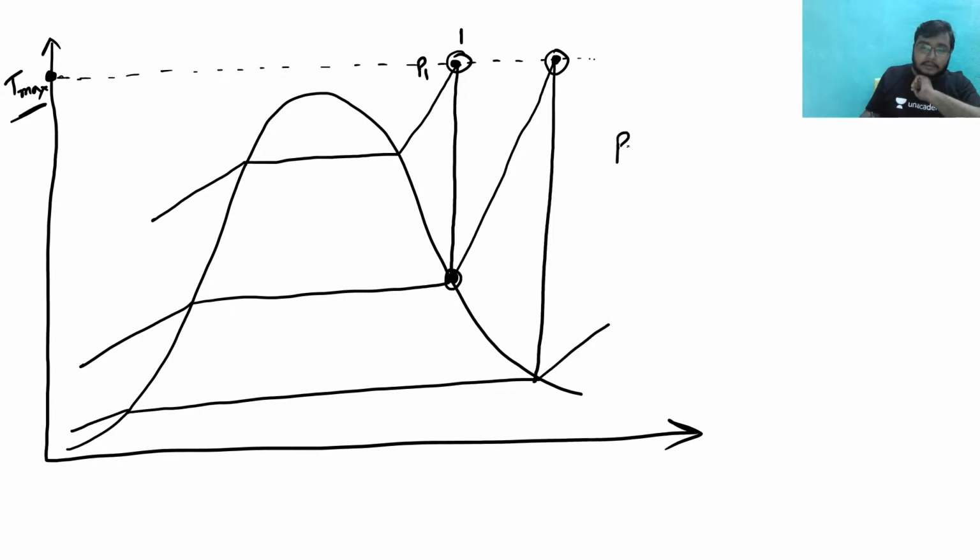See, my pressure is also increasing, as well as there is no loss in dryness fraction.